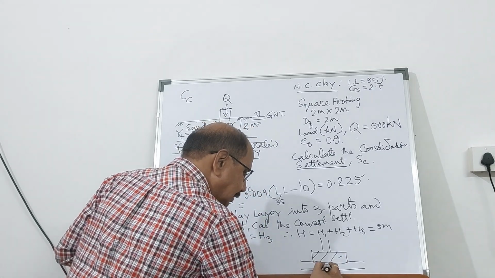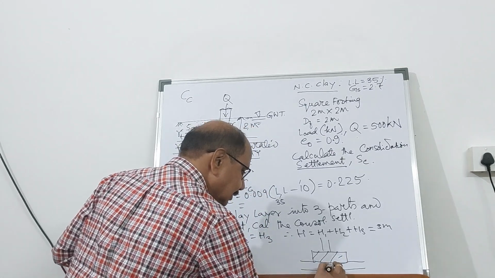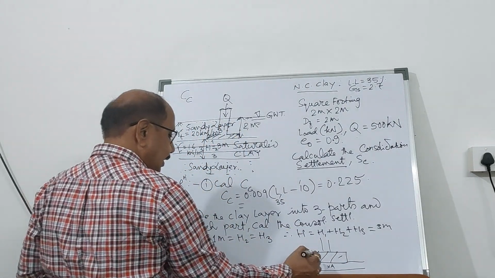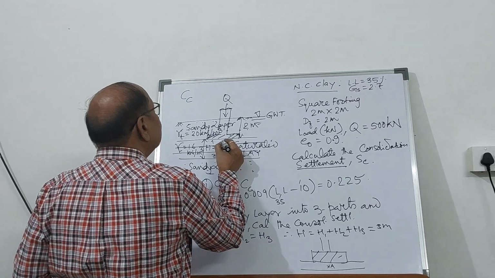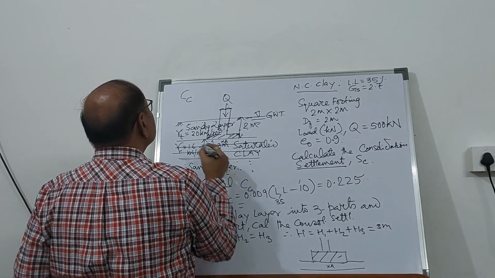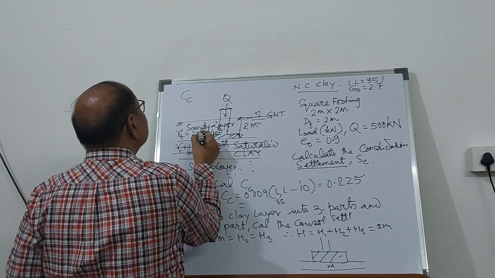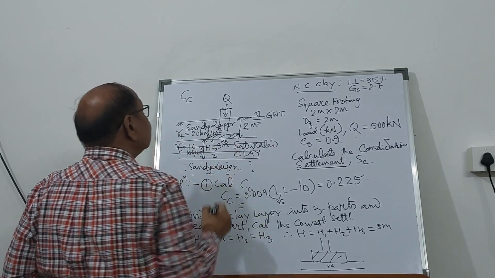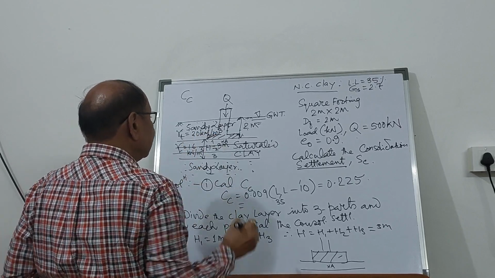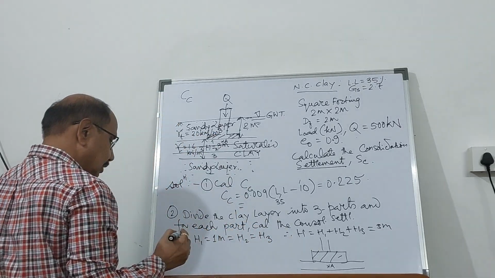So at the midpoint of this layer, let's say the midpoint is A, what will be the total overburden pressure? So here you have the gamma T or gamma saturated equal to 20 kilonewton per cubic meter.